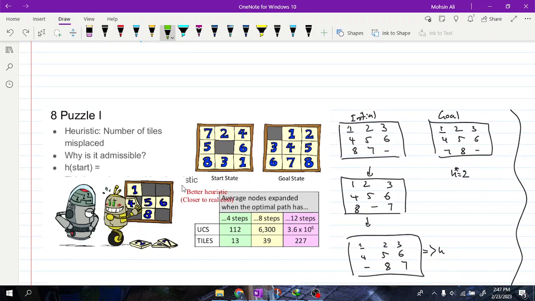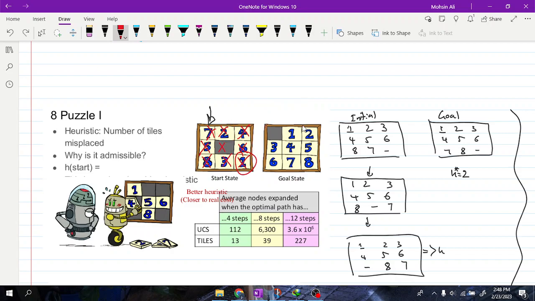Let's say that I have an 8 puzzle problem and my heuristic over here is the number of tiles misplaced. Let's look at the number of misplaced tiles. So 7 is in the wrong position, so that's 1. 2 is in the wrong position, 4 is in the wrong position, 5 is in the wrong position, this blank is in the wrong position, 6 is in the wrong position, 8 is in the wrong position, 3 and 1, because 1 should have been over here, 2 should have been over there, and so on and so forth.